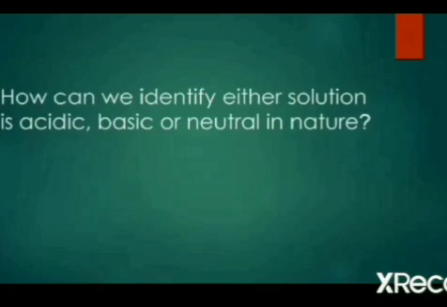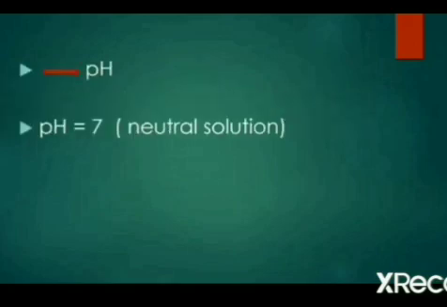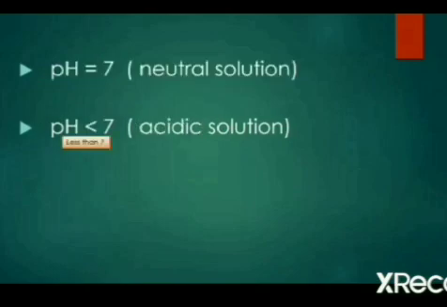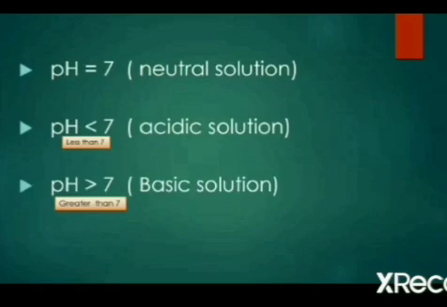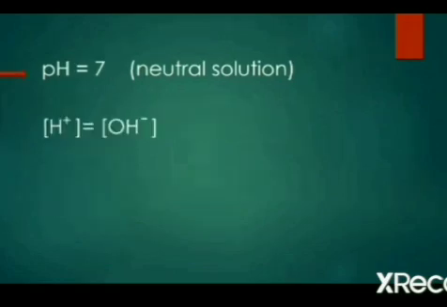How can we identify whether a solution is acidic, basic or neutral in nature? By pH. If pH is equal to 7, the solution will be neutral in nature. If pH is less than 7, the solution is acidic. If pH is greater than 7, the solution will be basic in nature.